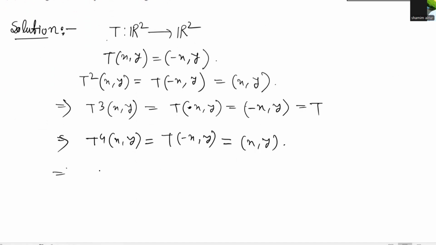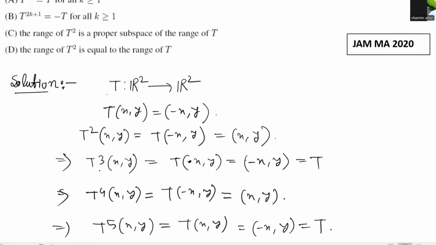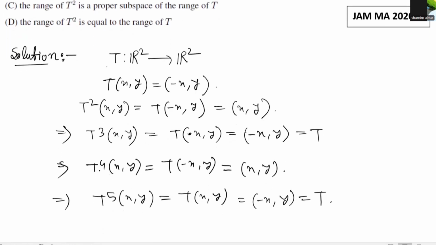And again we have T to the power 5 (x, y) equal to T of (x, y), which equals (-x, y), which equals T. So here we observe that when the power of T is even, it is not equal to T or to minus T. But when the power of T is an odd number, it equals T.